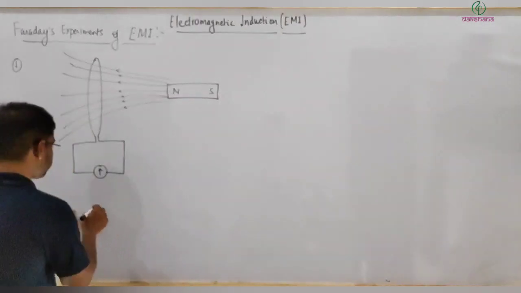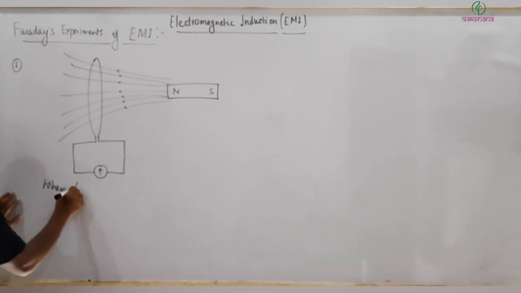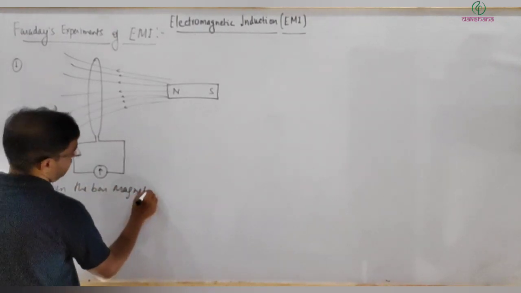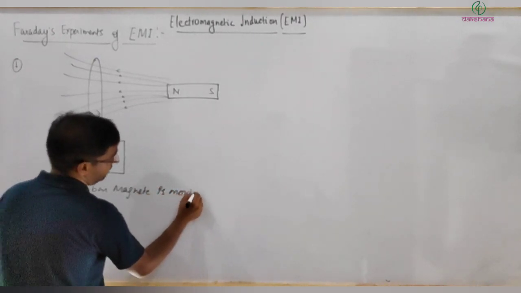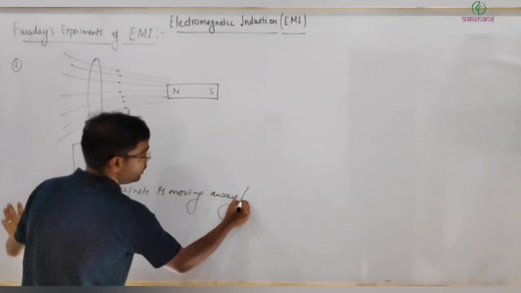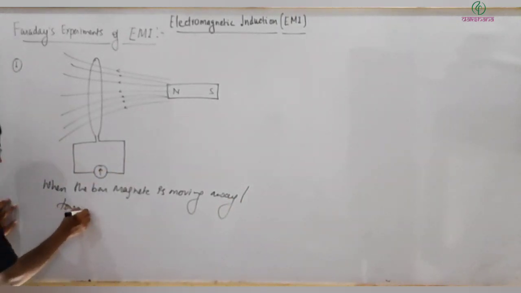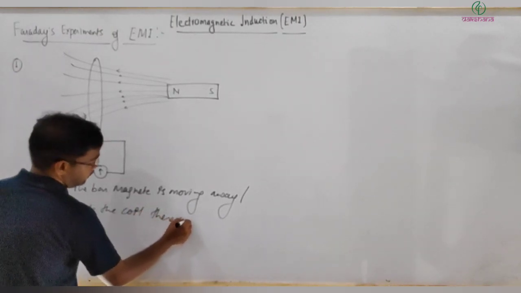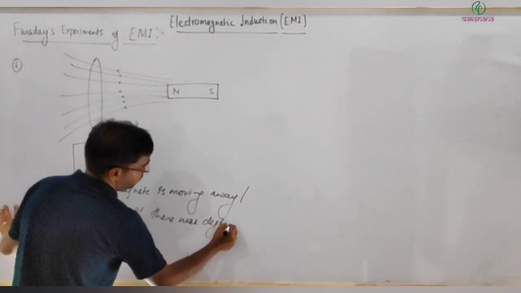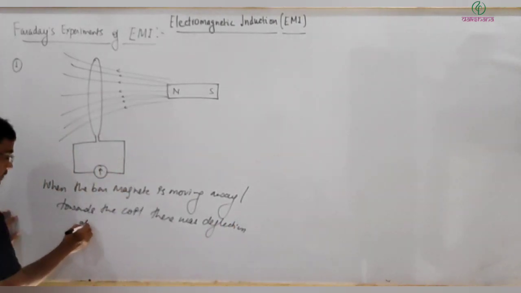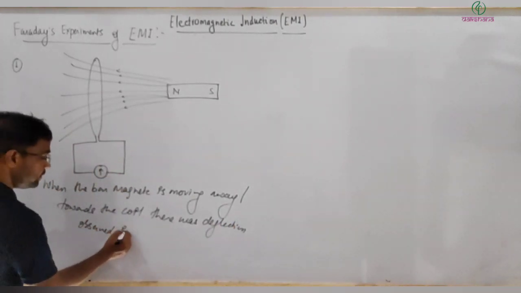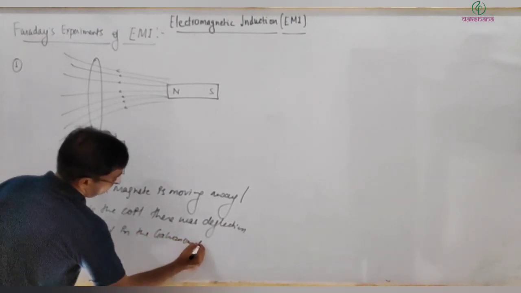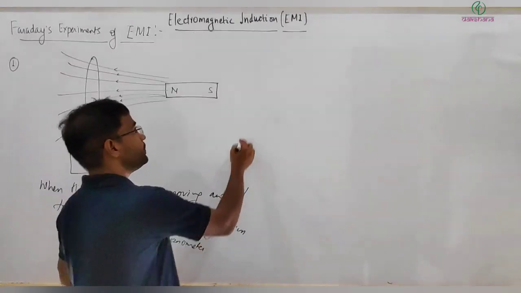So when the bar magnet is moving away or towards the coil, there was deflection observed in the galvanometer. So that is one setup.